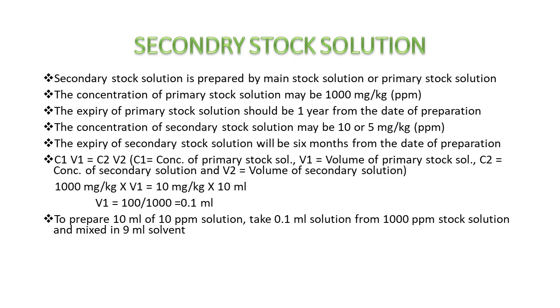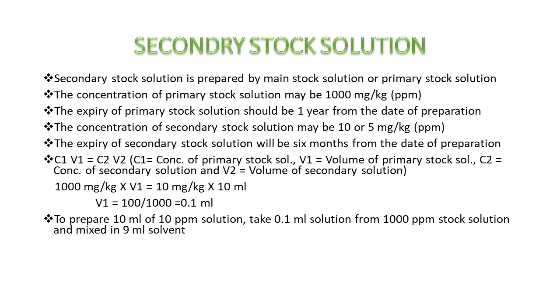Now about the secondary stock solution. The secondary stock solution is prepared from the main stock solution, or primary stock solution. The concentration of the primary stock solution should be 1000 mg per kg or 1000 ppm.